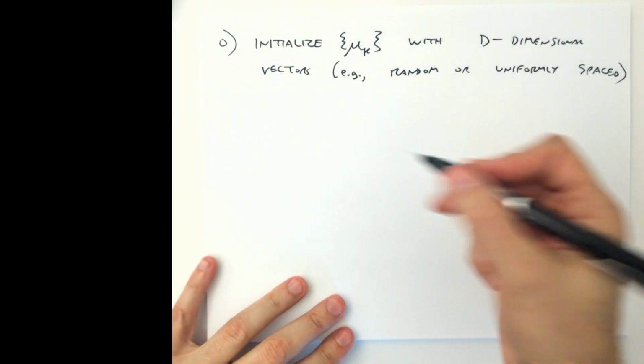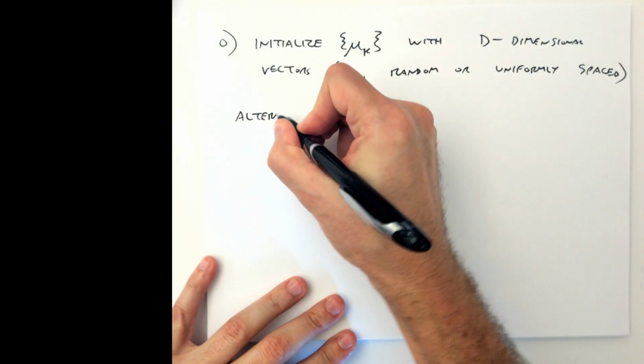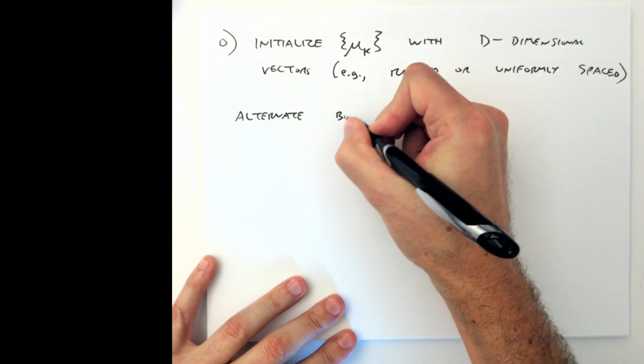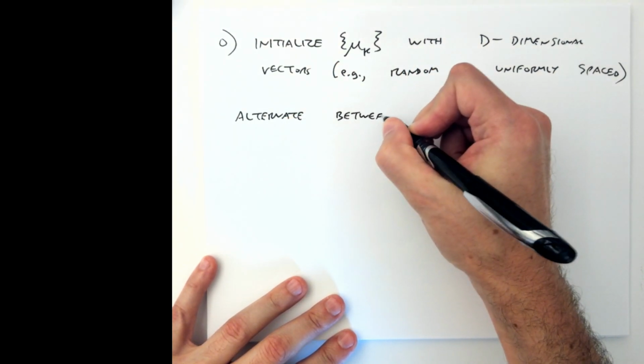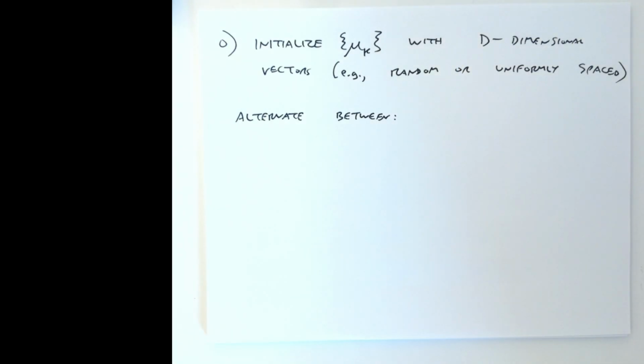Then I'm going to alternate between two steps. I'm going to give these steps names that won't make sense right now, but we'll talk in the second half of the lecture about why there's a connection.